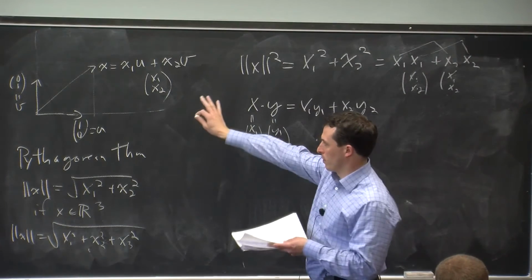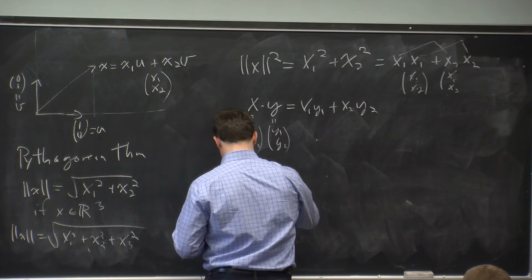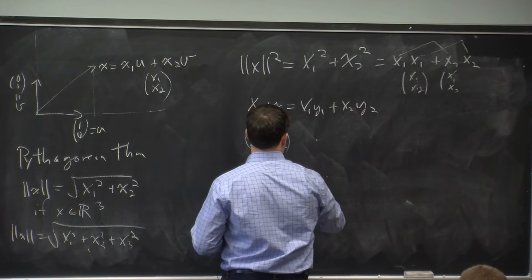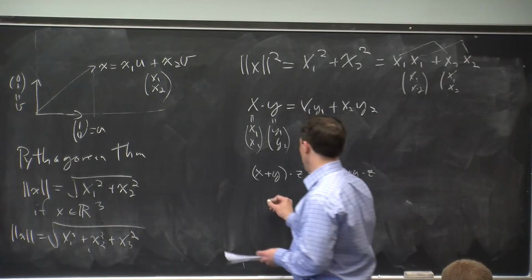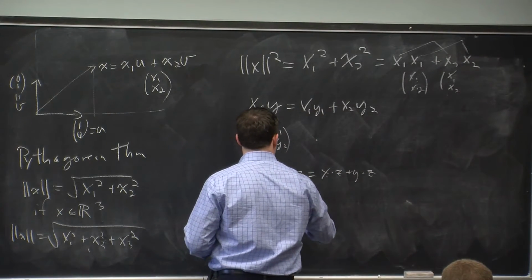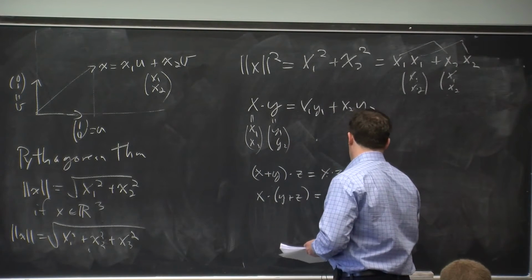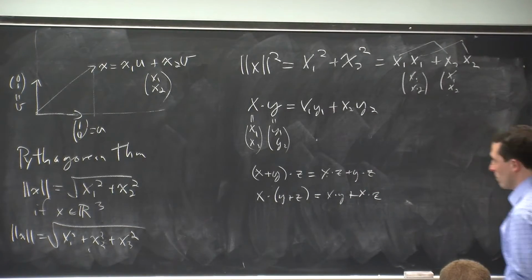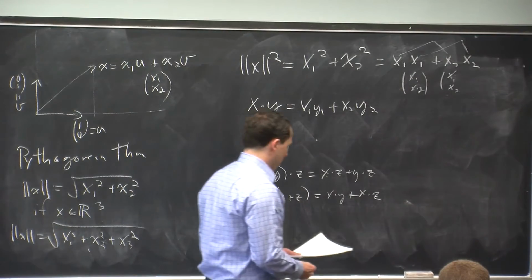It's certainly true that (x plus y) dot z is equal to x dot z plus y dot z, and similarly x dot (y plus z) is equal to x dot y plus x dot z, regardless of the dimension. So the dot product, once we've chosen a basis, is an example. At least for this real case, it's bilinear, or linear in each argument.